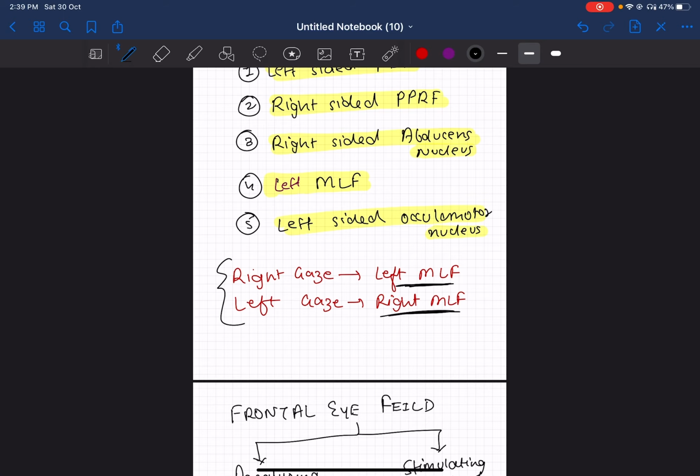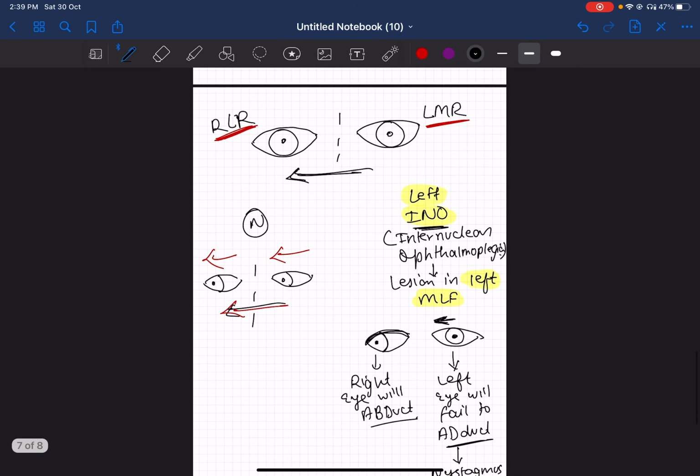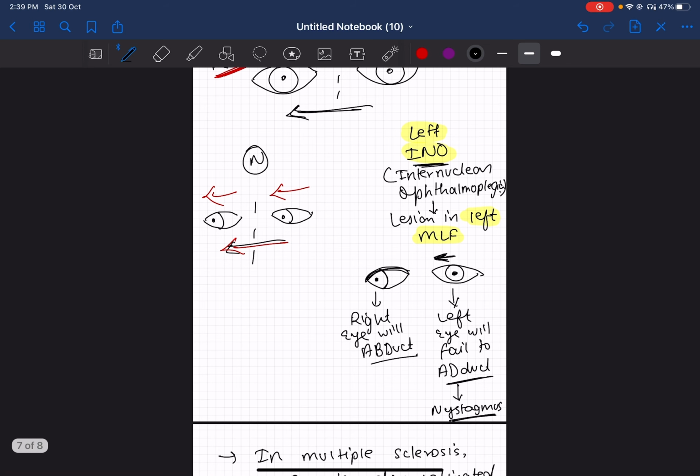So if the left MLF is gone, then the left eye will fail to adduct, and it will be called left INO or left internuclear ophthalmoplegia. So the nomenclature of internuclear ophthalmoplegia will depend on which side of the MLF is gone, whether it is the right side or the left side.